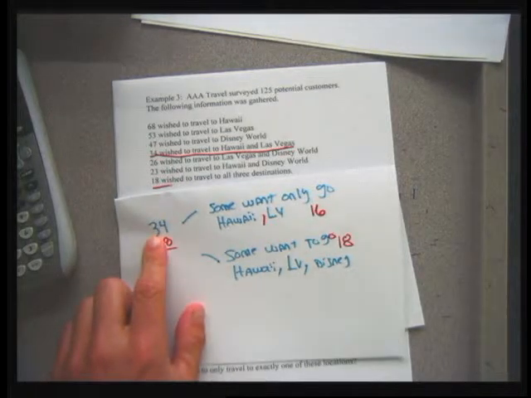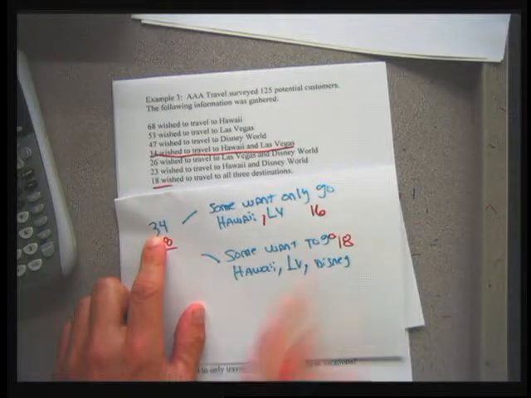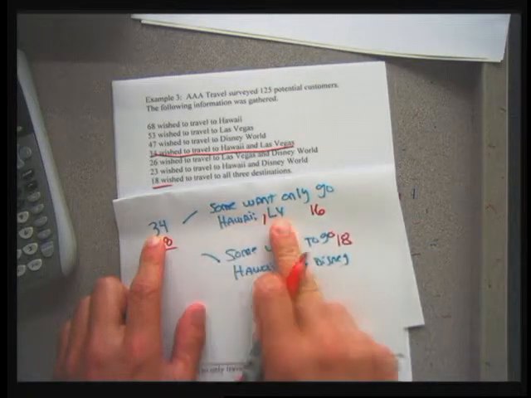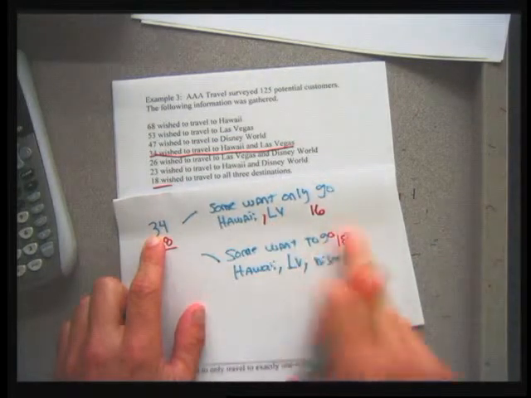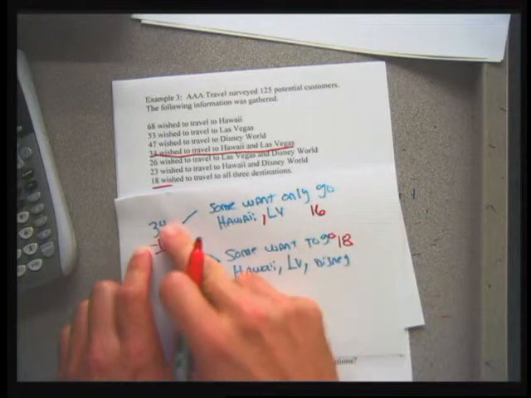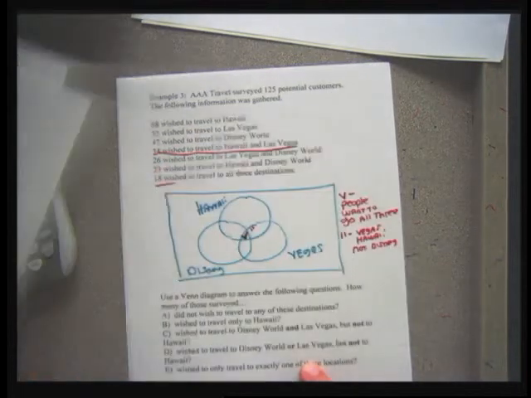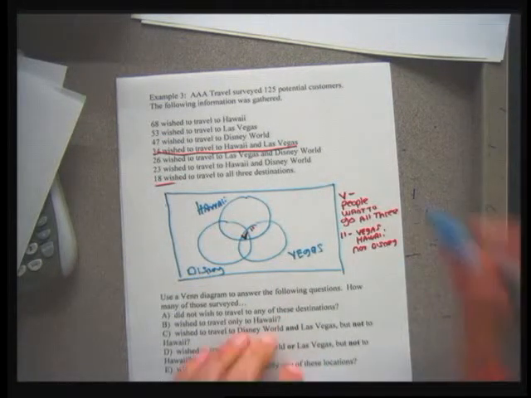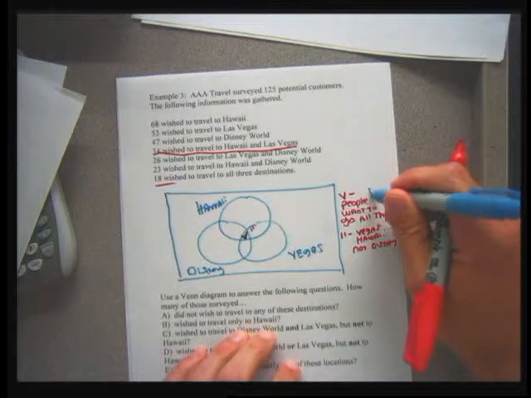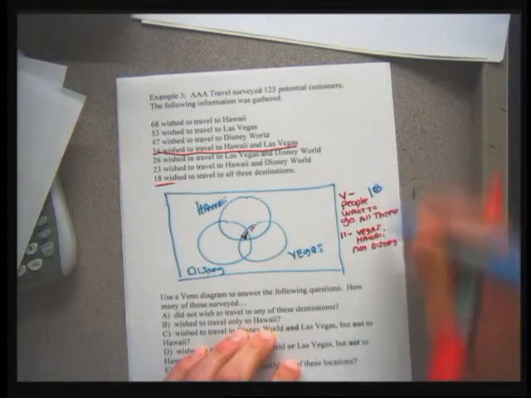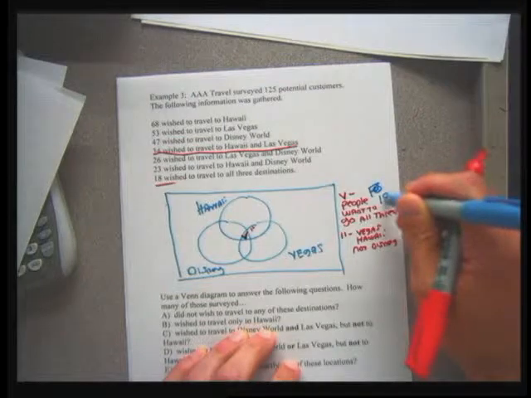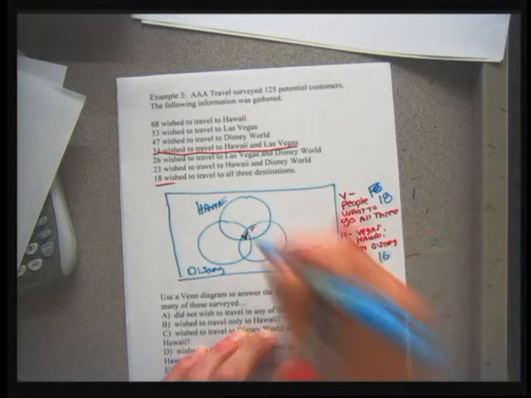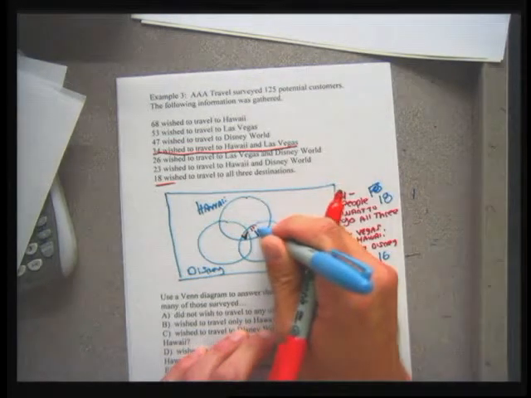Of the 34, some are okay with going to all three, some only want to go to two. The 18 that want to go to all three are included in that 34. So this region 2 is going to represent 16 people.